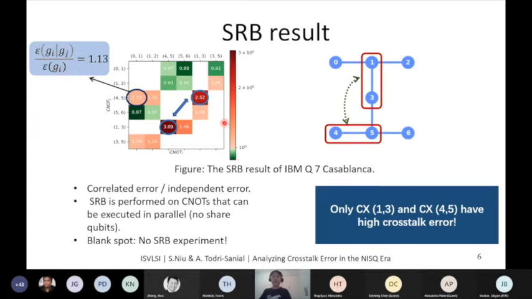Based on the experimental results, we found that only these two pairs have high crosstalk error. For the rest of the CNOT pairs, the crosstalk is not significant and we can just ignore them. It's important to note that SRB is only performed on CNOTs that can be executed in parallel, which means they do not share any qubits. Therefore, there is no SRB experiment on these blank spots.